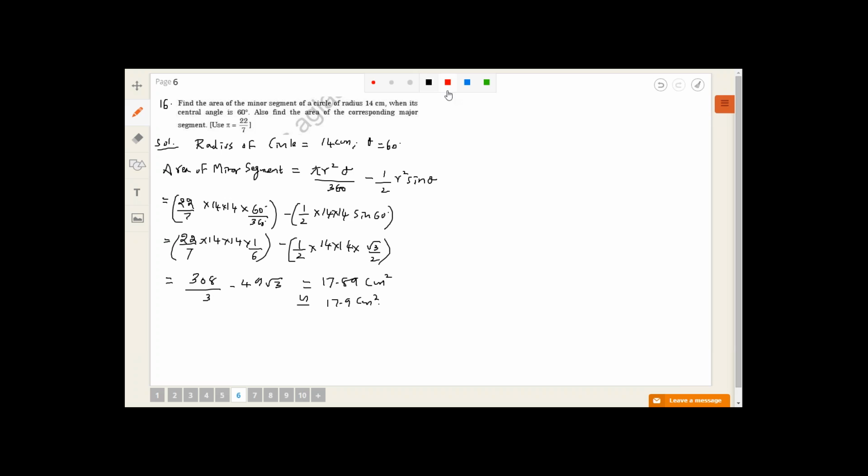Now the area of the major segment is equal to the total area of the circle minus the area of the minor segment.